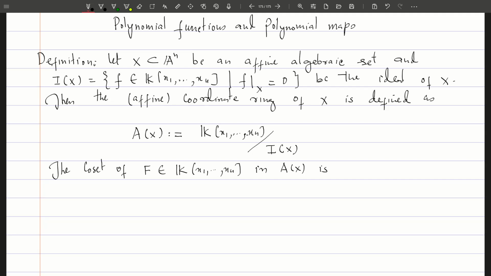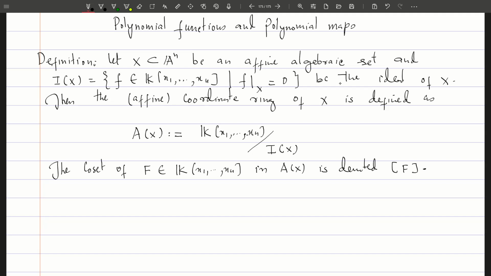This is denoted by F with the square brackets. So this is the equivalence class of the polynomial F.